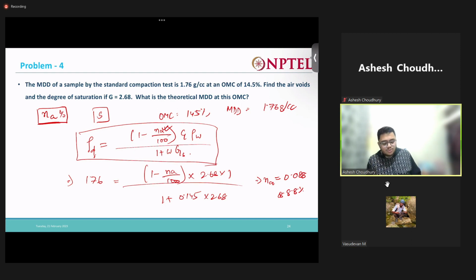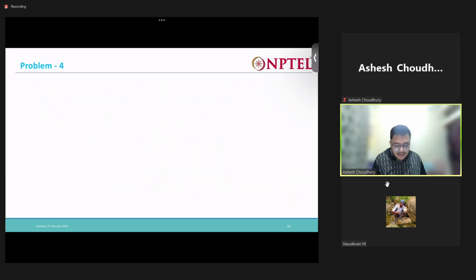Now it is asked what is the theoretical MDD at this OMC, that is, at that optimum moisture content, what is the theoretically possible maximum value of the dry density. Can you tell me the formula for dry density?